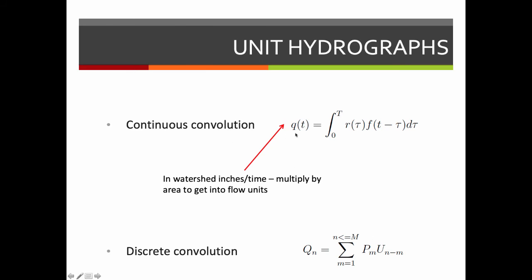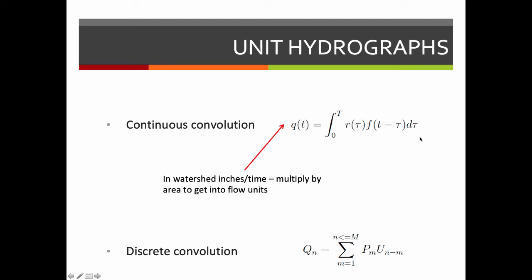If we write it in a continuous form, the watershed inches per unit time is equal to the convolution integral from 0 up to some time t of R, the rainfall input, of tau, times F, our hydrograph function, of t minus tau, d tau.